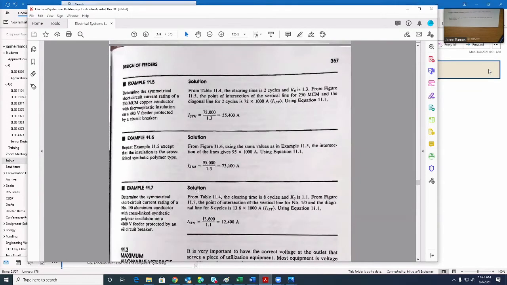Okay, so example 11.5. Determine the symmetrical short circuit current rating of a 250 MCM conductor with thermoplastic insulation at 480 volts. So that's the one we were looking at here.